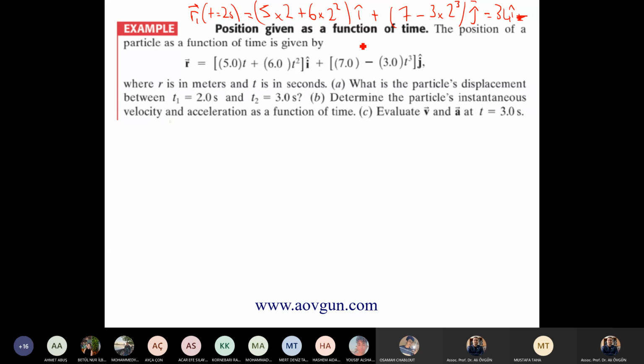So minus 17 j. This is the position vector at t equal 2 seconds.